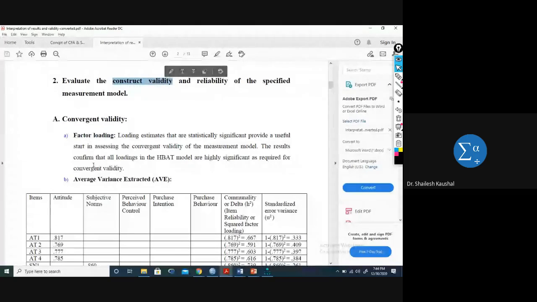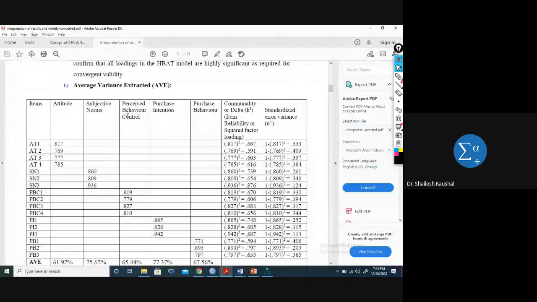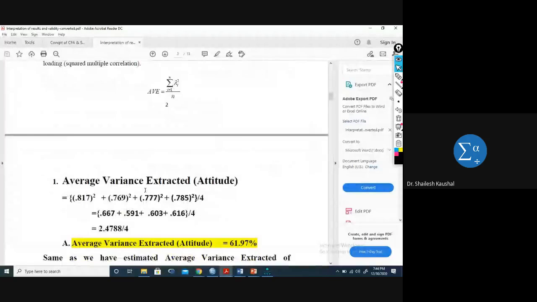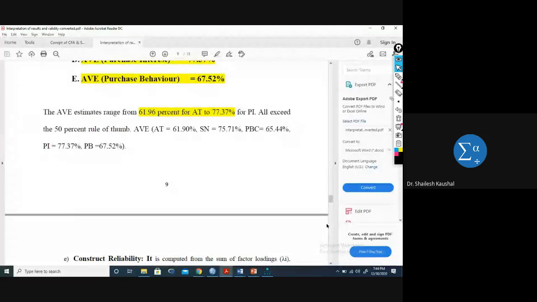So convergent validity. This is my model, and through my model I have written the factor matrix. In this factor matrix there are 5 factors: attitude, subjective norm, perceived behavior control, purchase intention, purchase behavior. Basically this is my model. I am showing you the model.